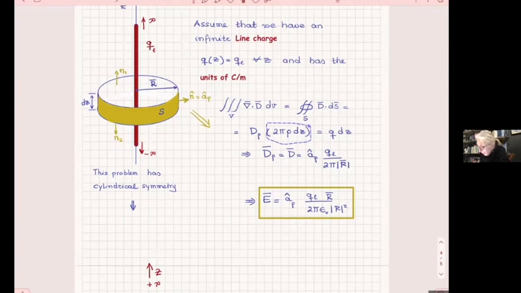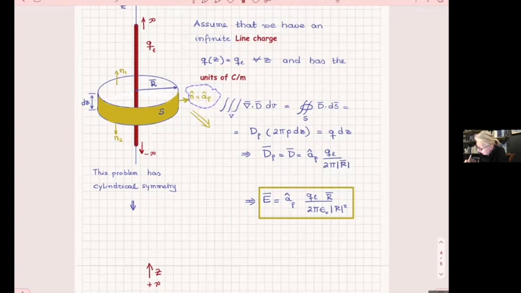And what is the vector D, which is the inner product of the vector with the surface? Since the direction of the surface is this one, it should be D sub rho, the radial coordinate of D in that cylindrical system.